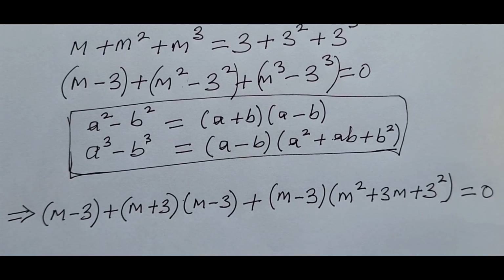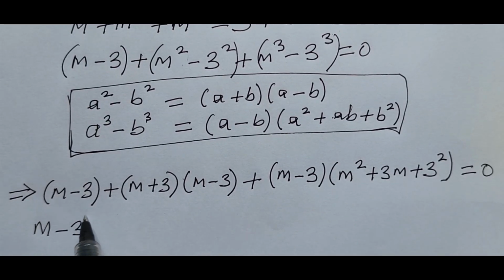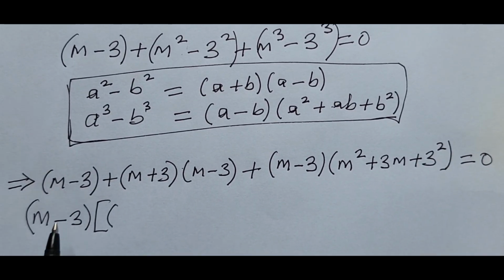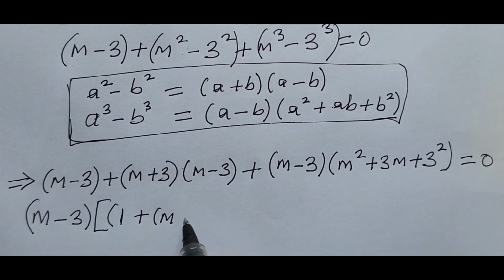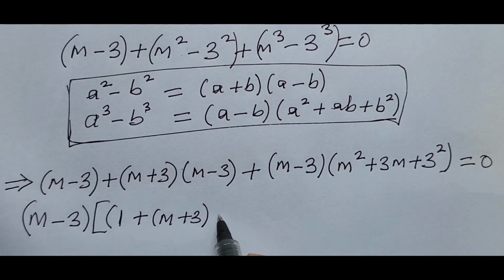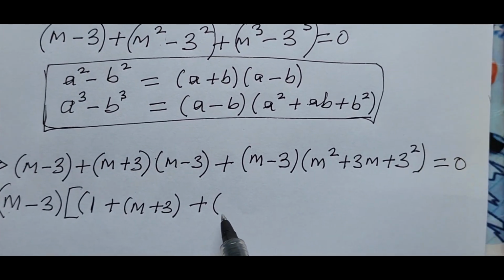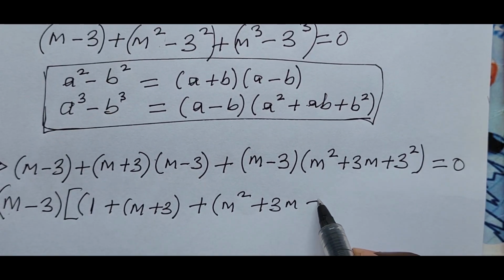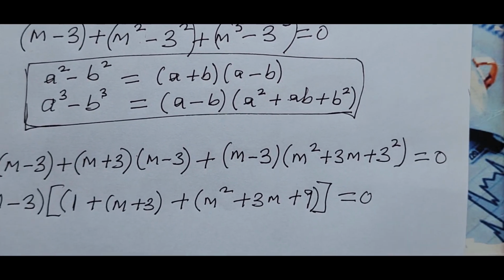So let's factor out m - 3. This gives us (m - 3)[1 + (m + 3) + (m^2 + 3m + 9)] equal to 0, since dividing each term by m - 3 leaves 1, then m + 3, then this expression.